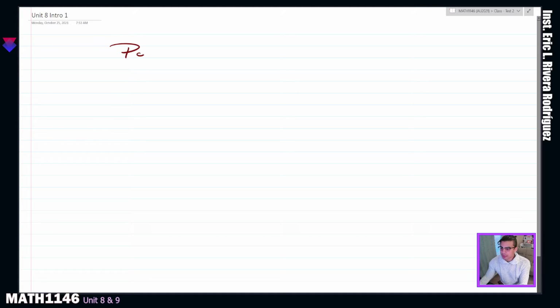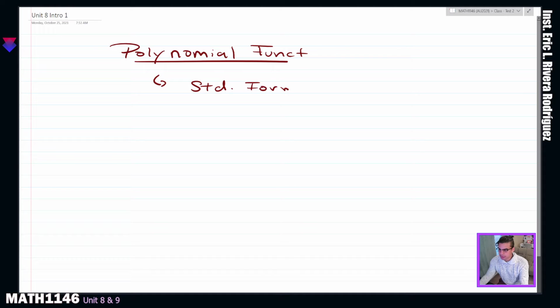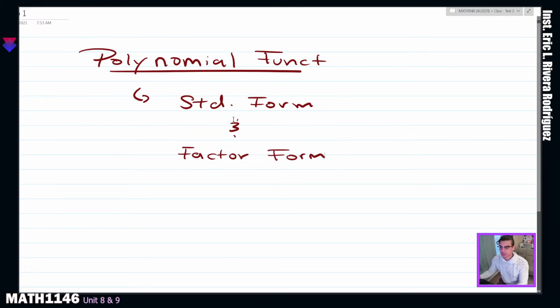So let's review one more time, because here I'm going to put what is going to be important from the past units that we are going to be using in unit number 8. From polynomial functions, you need to remember that we have the standard form of the polynomial, okay? And we have an equivalent form, which is the factor form. All right?